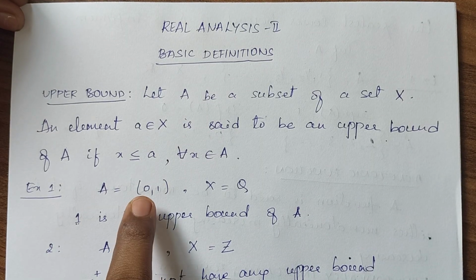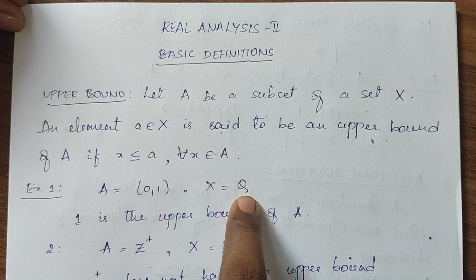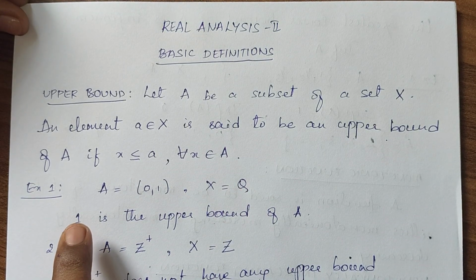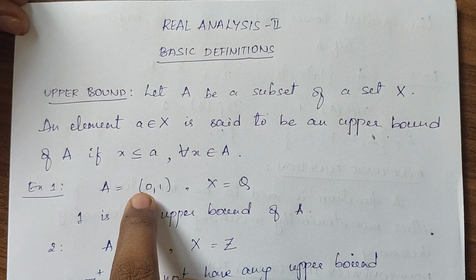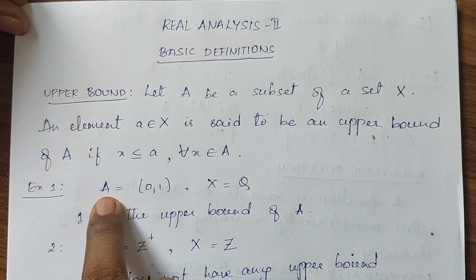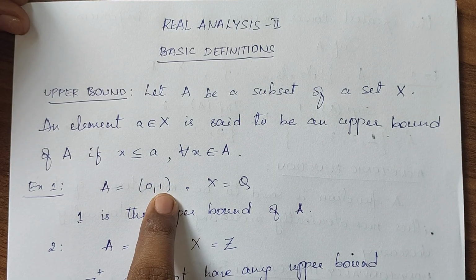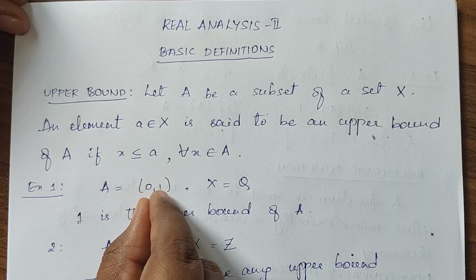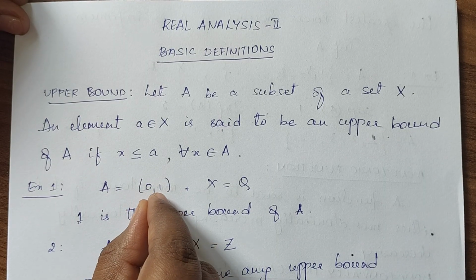If A is the open interval (0, 1), X is equal to Q, the set of all rational numbers. Here, 1 is the upper bound of A. See here, each and every element in A is in between 0 and 1, excluding 0 and 1, that is 0.1, 0.2, etc. up to 0.9.